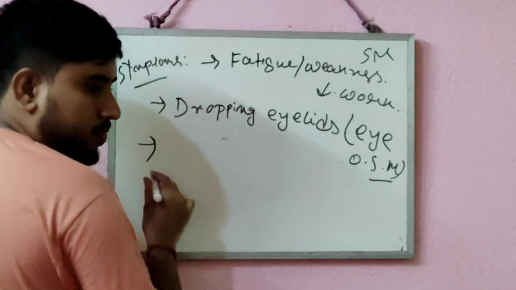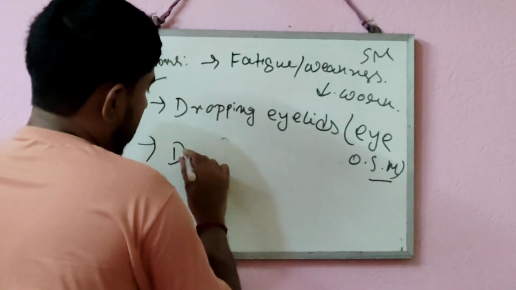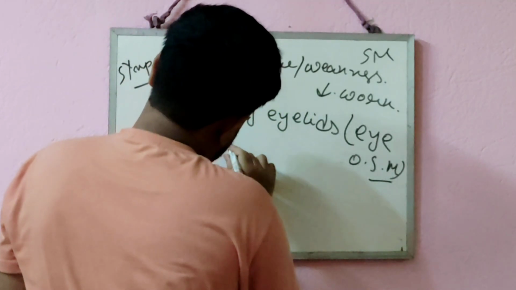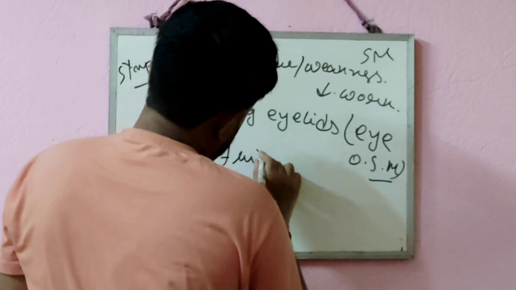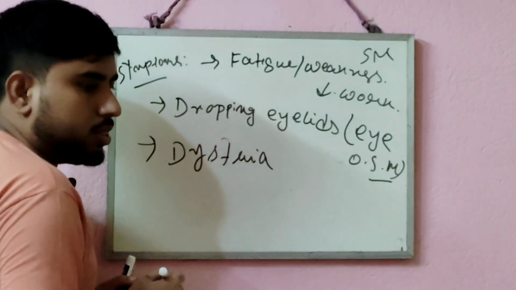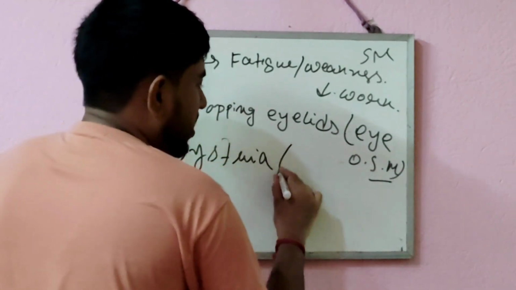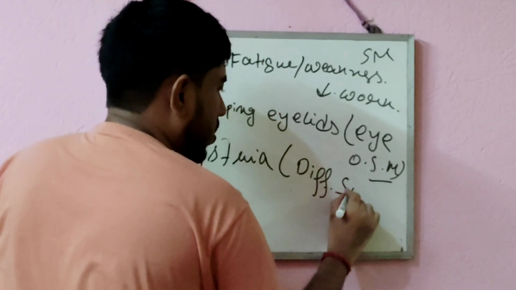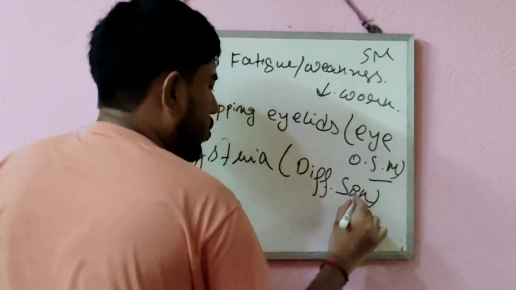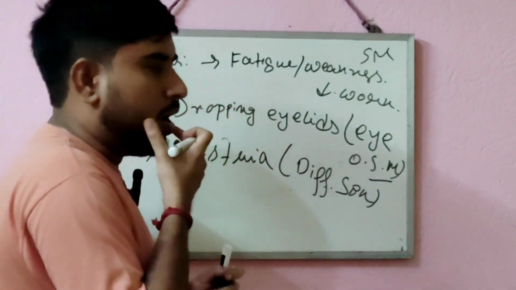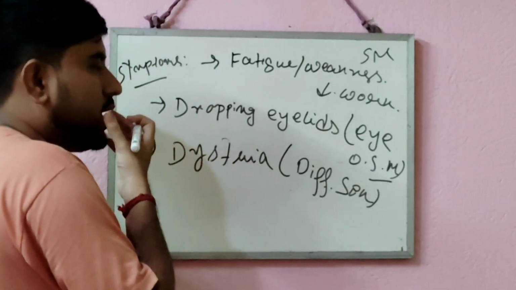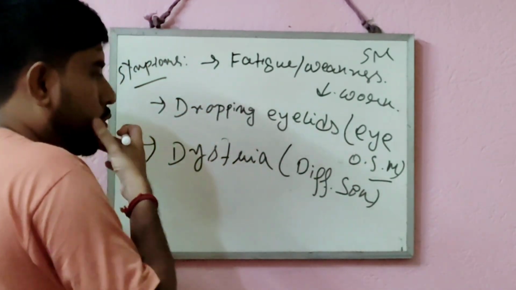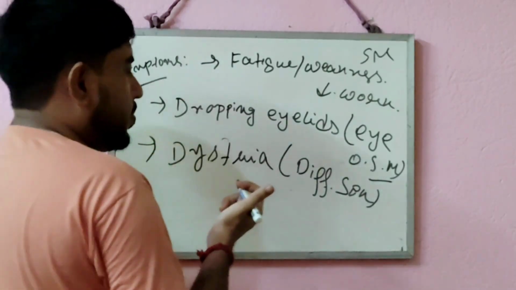The next is dysarthria. What does dysarthria mean? Dysarthria means difficulty in speaking. We all know that to speak we generally use our mouth, and different smooth muscles present in our oral region help us in speaking.